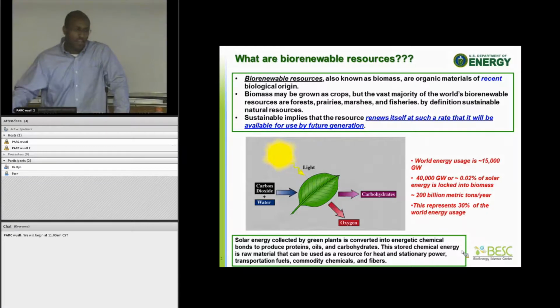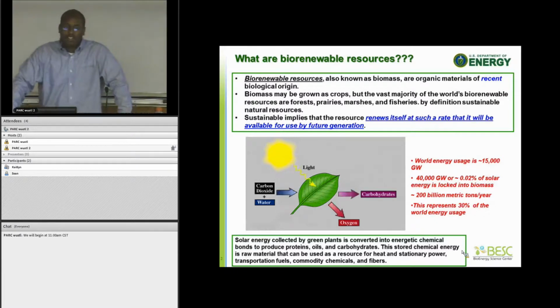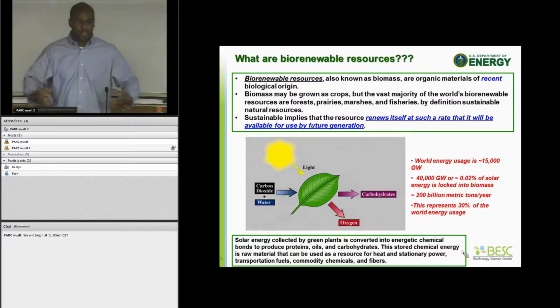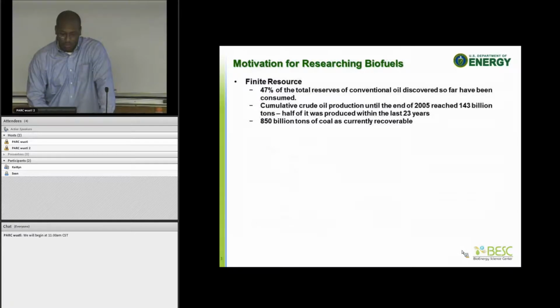The important part here is that obviously we couldn't recover the entire 200 billion metric tons of biomass that is produced every year and actually convert that into fuels. That wouldn't actually be feasible. But I bring this point up because there is a really abundant source, if you look at biomass, for trying to displace global fuel and chemical production.